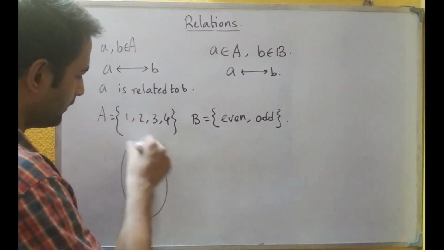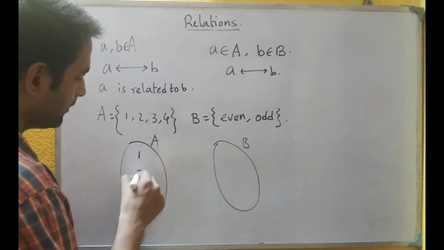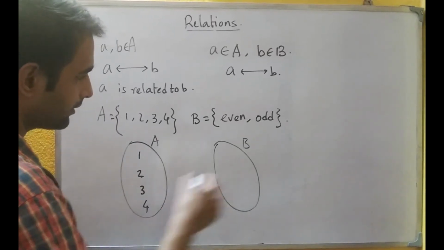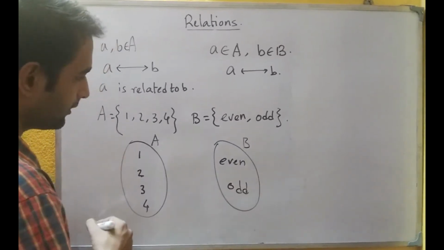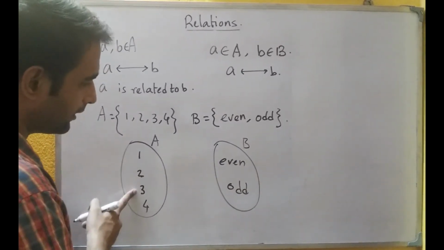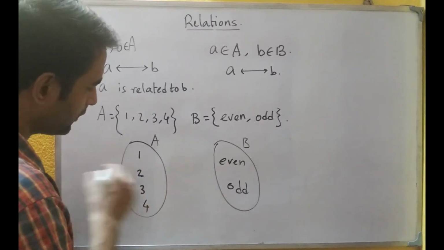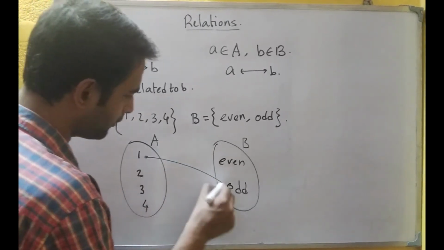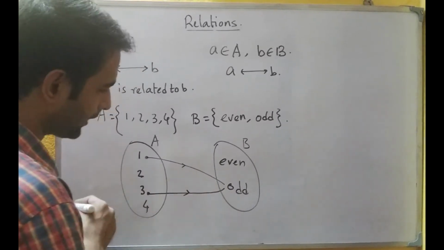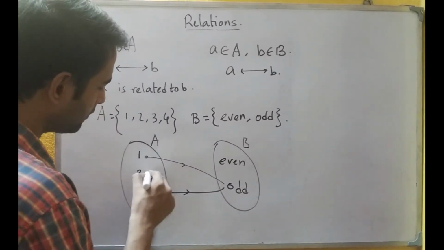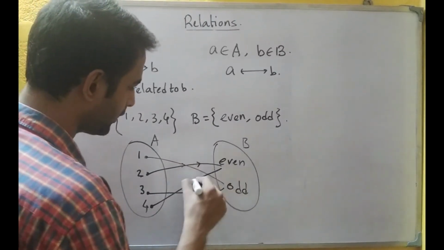See, if you take the sets like a Venn diagram, A and B, and write the elements of A here and the elements of B here, then we will see that 1 and 3 have the nature odd, that is, these two numbers are odd, so we can link this element 1 with odd and also 3 with odd, and similarly 2 and 4 are even numbers, so we can link these 2 and 4 with the term even.